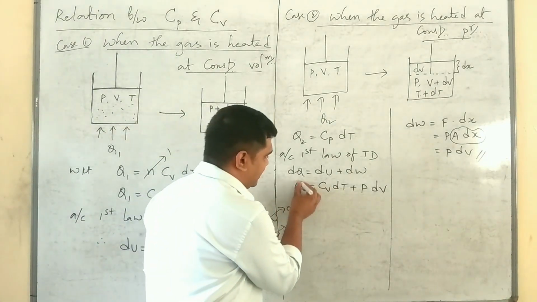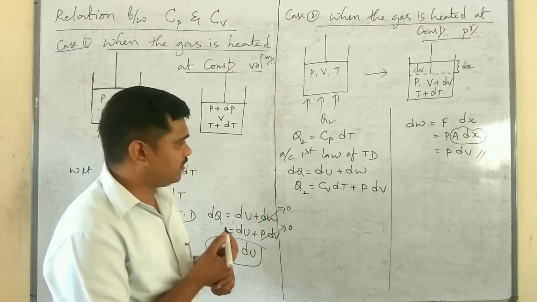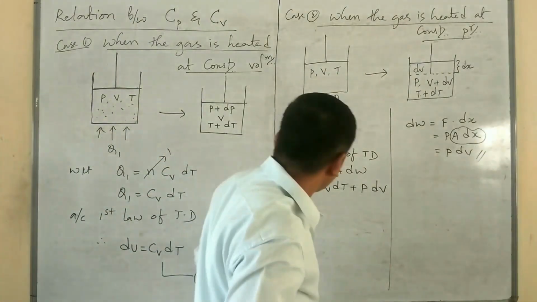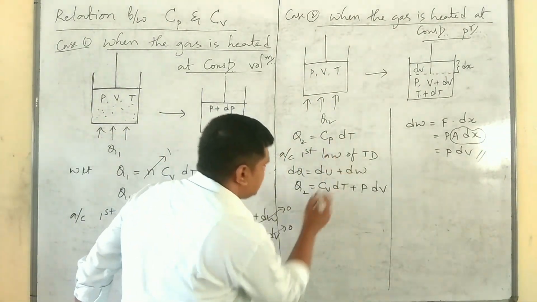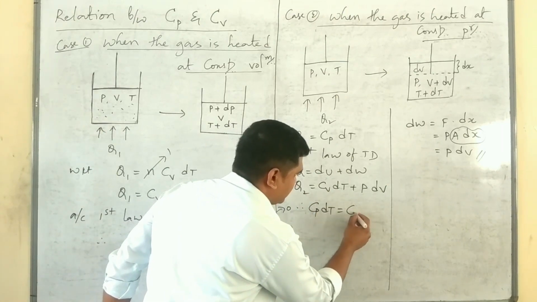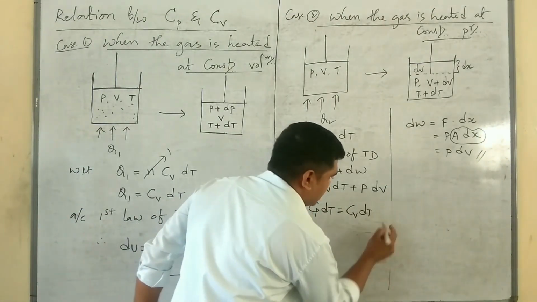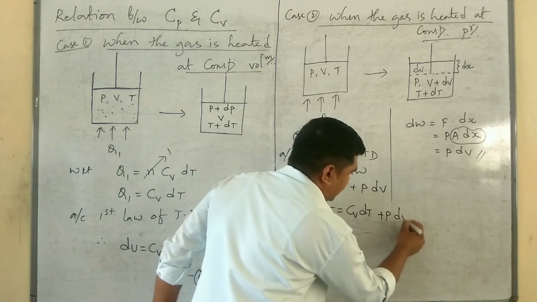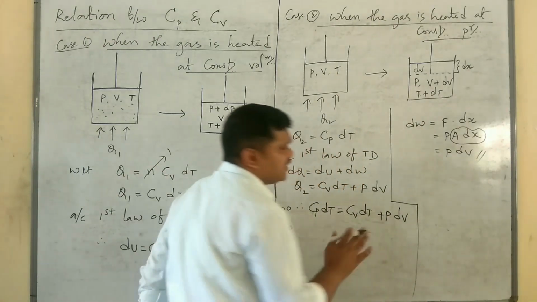So this is simply Q2. Now what is the value of Q2? Cp dT. Therefore Cp dT is equal to Cv dT plus P dV.